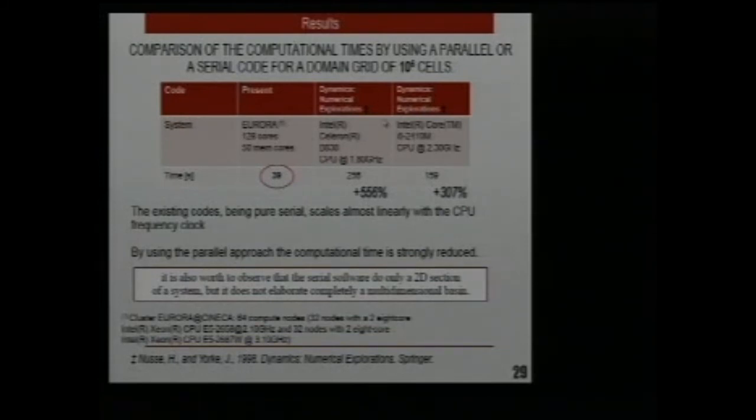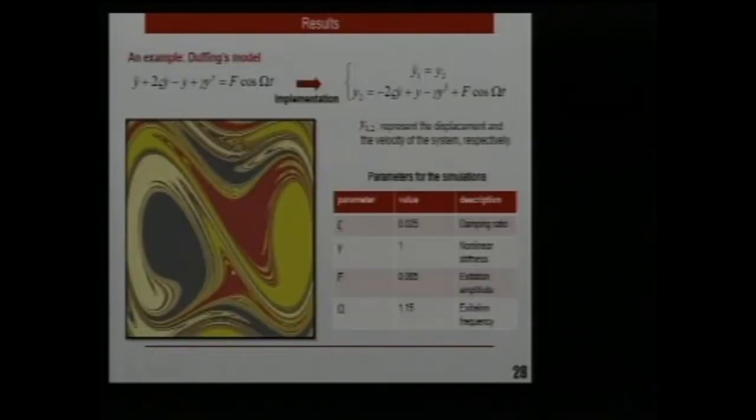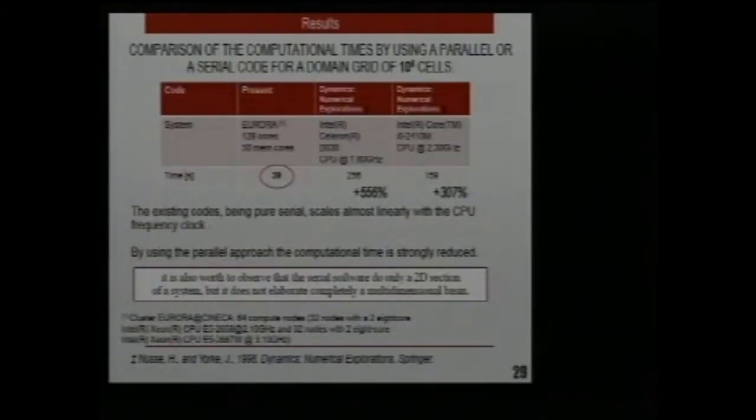If you build this basin of attraction with 10 power 6 cells, which is a very, very fine mesh, with a classical serial computer, you need 250 seconds, or 159 seconds if you have a good CPU clock. But if you use multiple cores, and we use 128 cores, you need only 39 seconds.